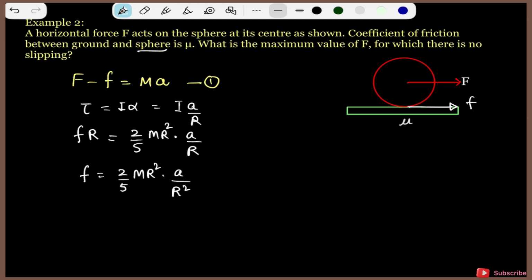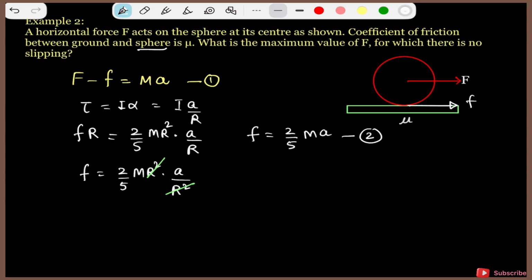So R square terms will be cancelled out. So our friction value can be written as friction is equal to 2 by 5 ma. This is our friction value. We can write this equation as our equation number second.